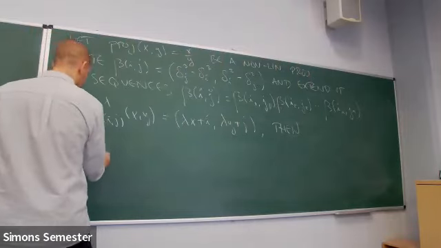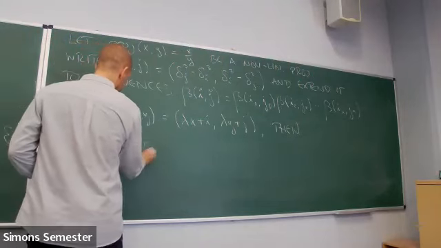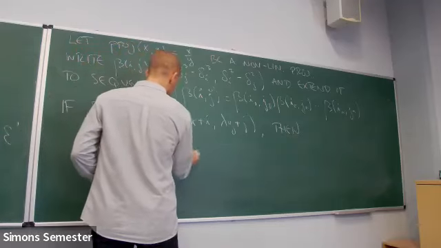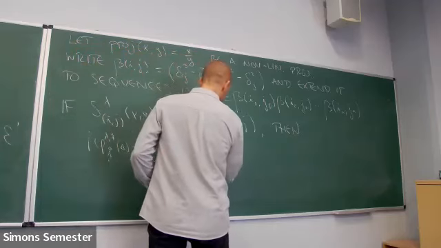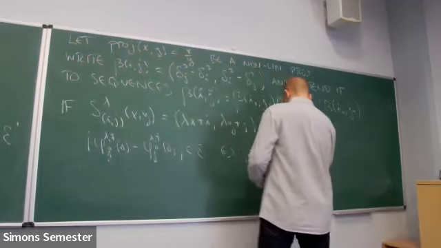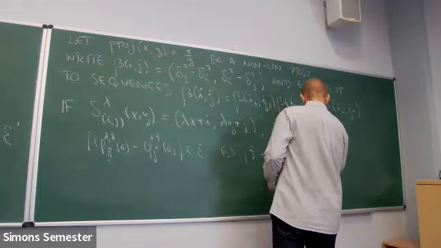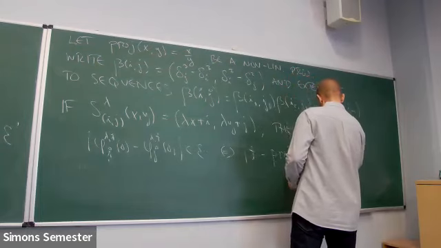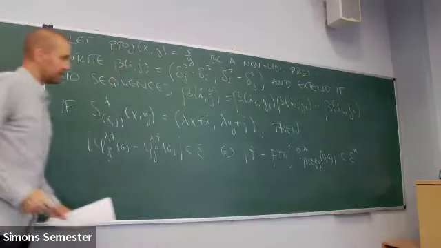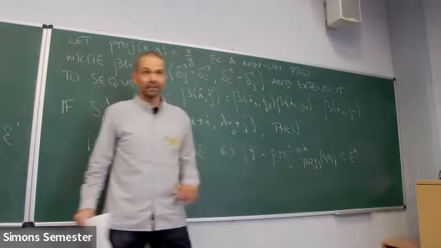Basically this difference being smaller than epsilon is now equivalent to E being close to this projection of this guy. And why is this important?